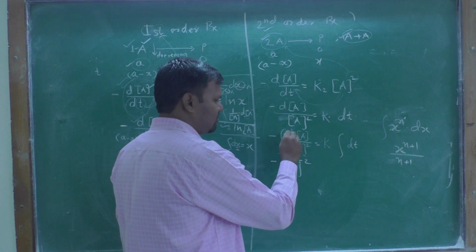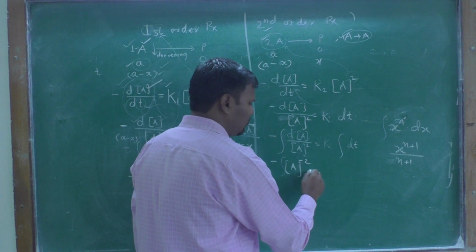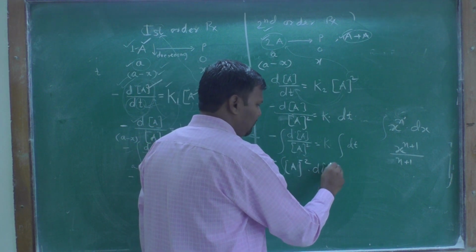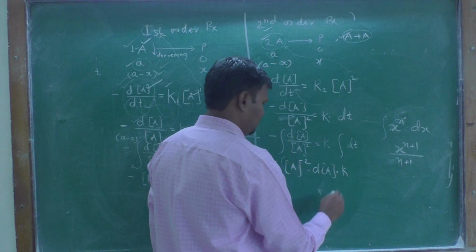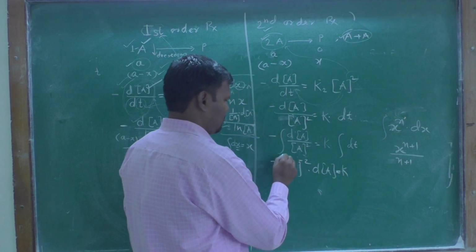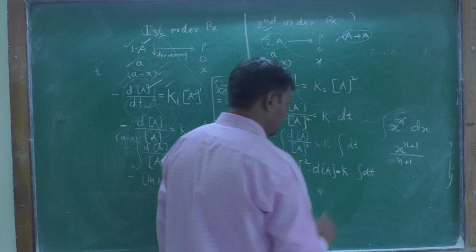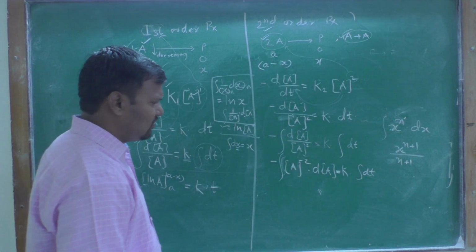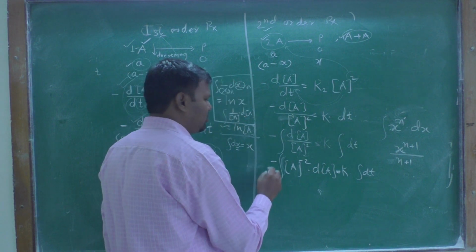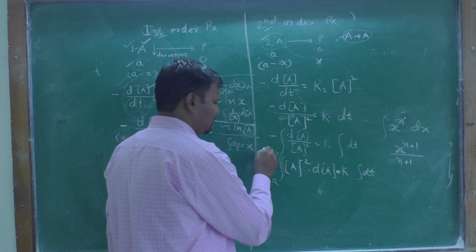Positive will be at this side, minus 2 into delta A is equal to k into the integration of dt. It's also the initial concentration a and the final a minus x.